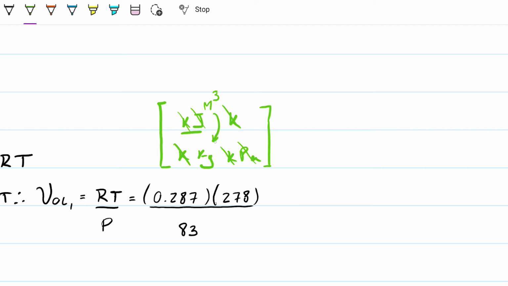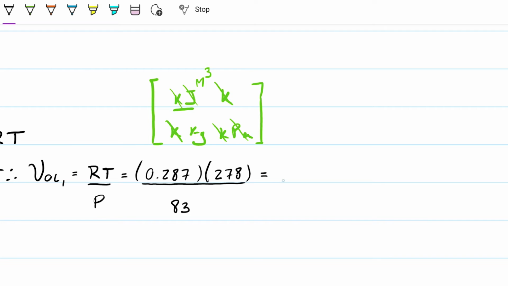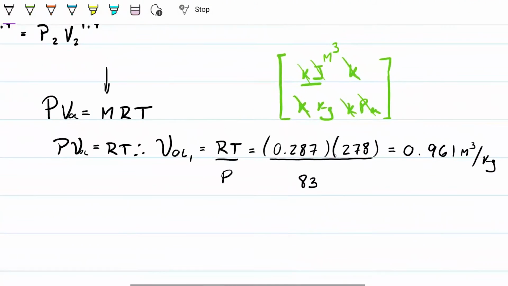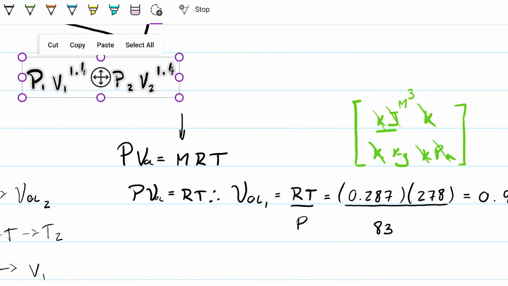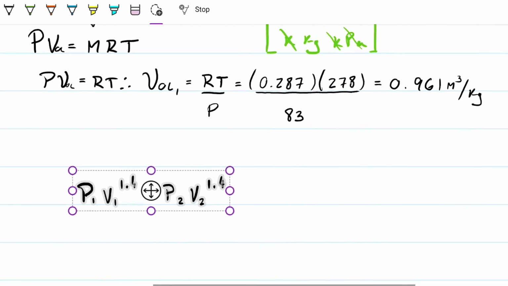So this is meters cubed per kilogram. So this equals 0.961 meters cubed per kilogram. Beautiful.